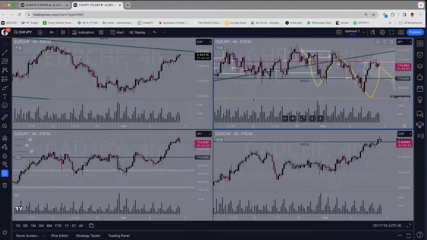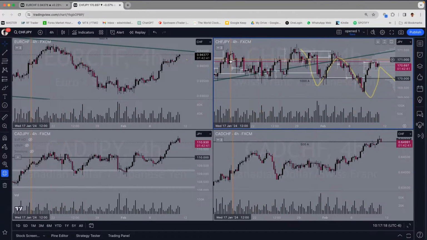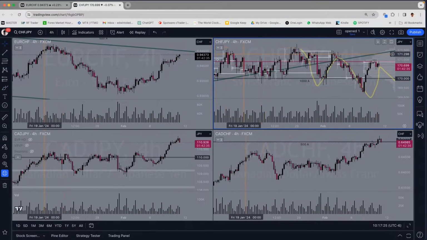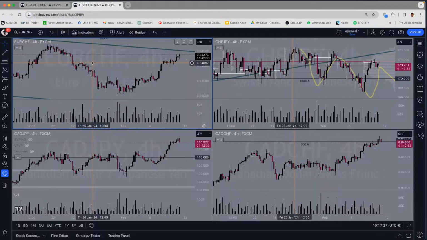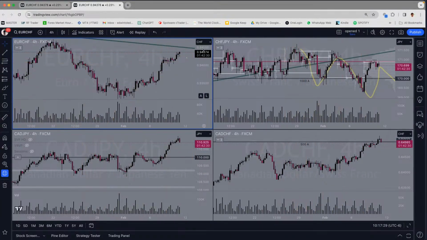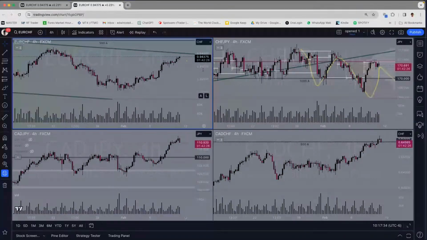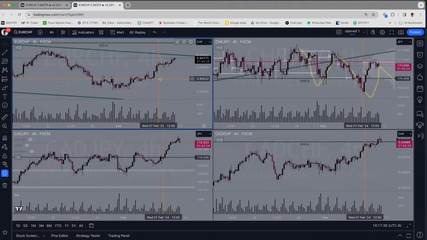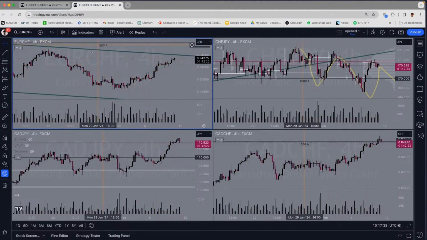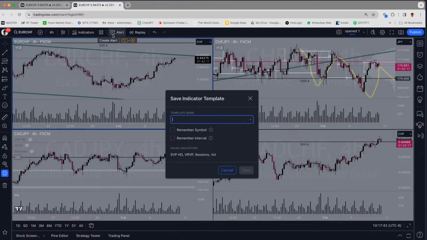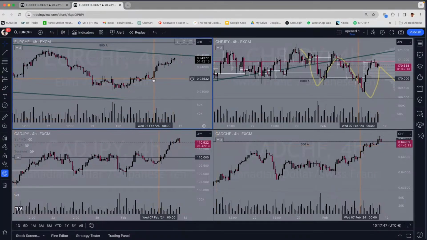The only problem with this is it has the configuration for where we analyze things. So I think I'm going to like this setup just to see how our trades are going. So I'm going to save this as open trades.